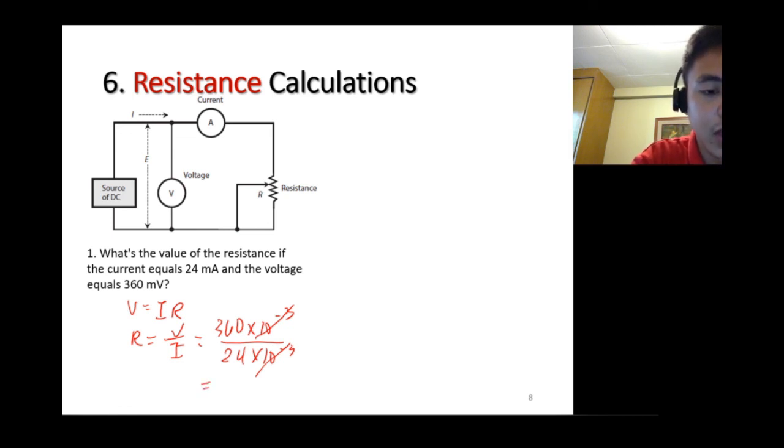So 60 divided by 4 is 15. Oh, sorry, this should be 15. So the resistance is 15 ohms.